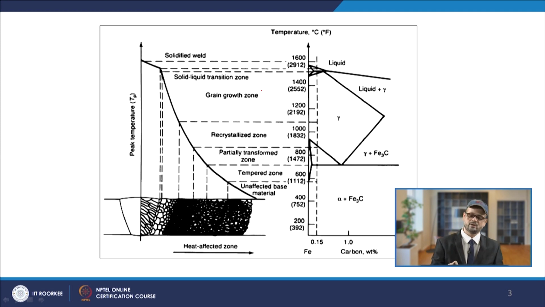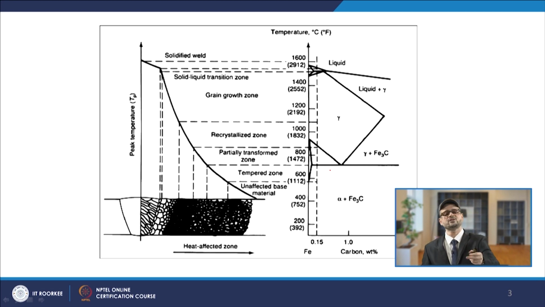And then you have other zones, the zone of spheroidized carbides, and then the zone of unchanged base metal. So, that way you have the different zones which are formed.